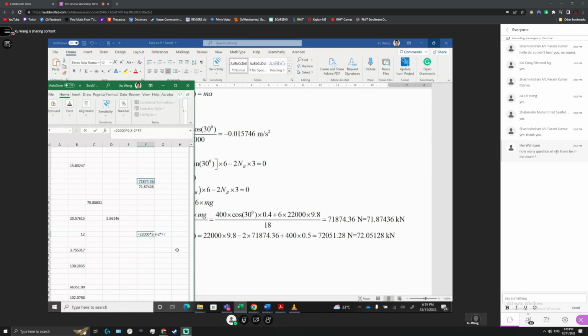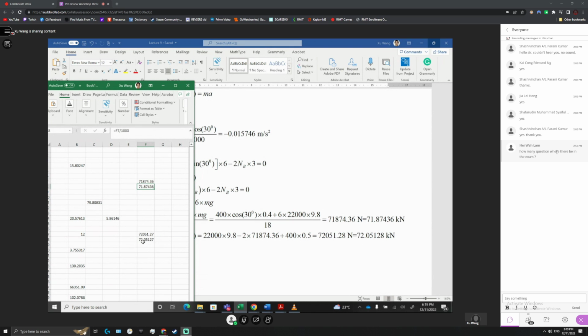And then select this one, plus 400 multiply 0.4, and this should be your result: 72,051 Newton. How much in kilonewton? Use this divided by 1,000, and this gives you 72.05 kilonewton.